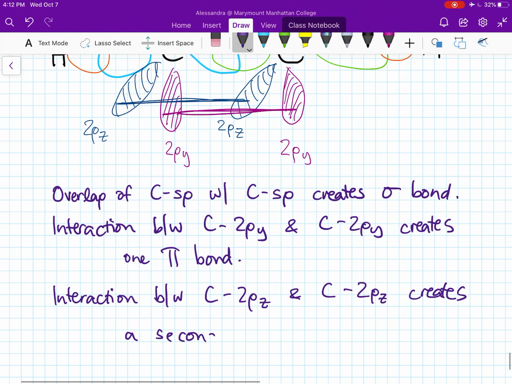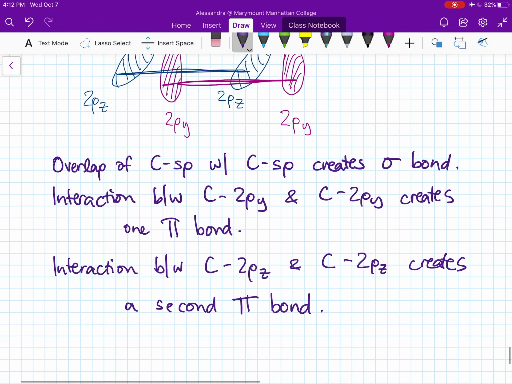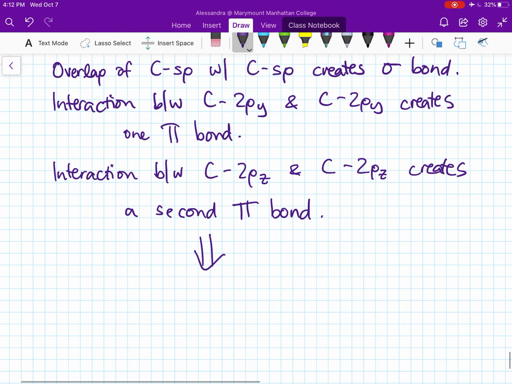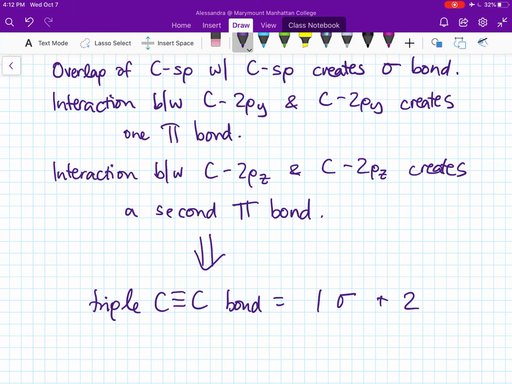Now remember, a triple bond is one sigma bond plus two pi bonds. So we've accounted for the triple carbon-carbon bond: 1 sigma plus 2 pi bonds, and we've accounted for all of them using our orbitals.